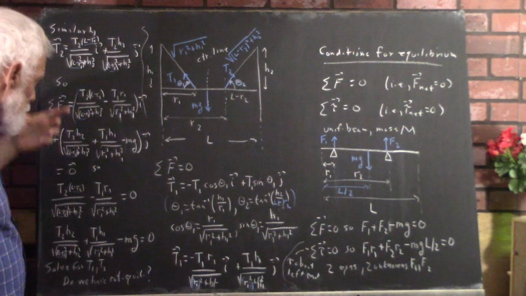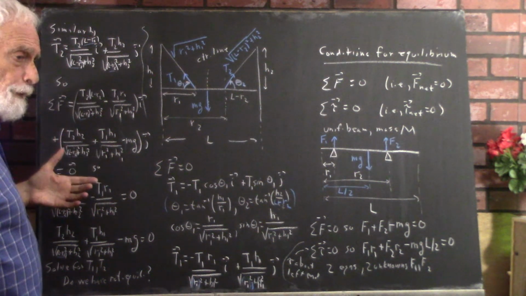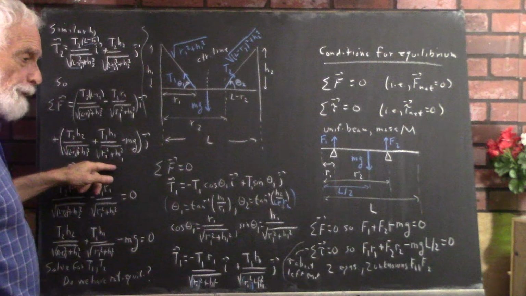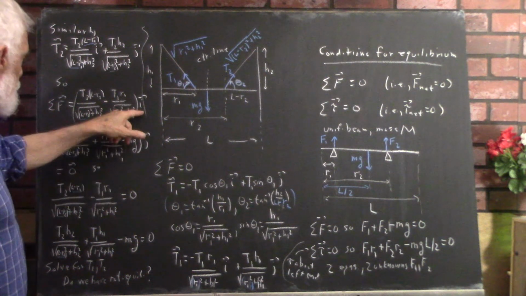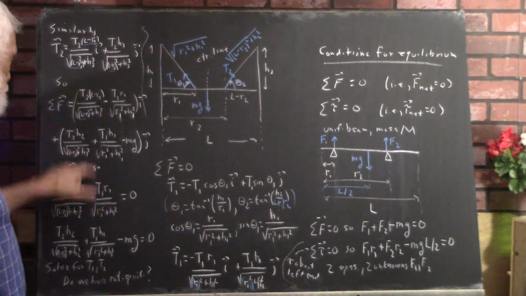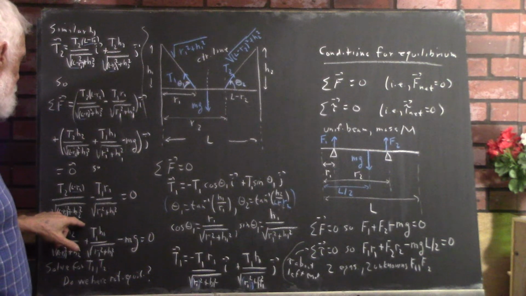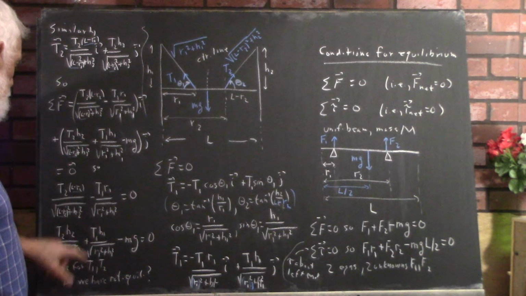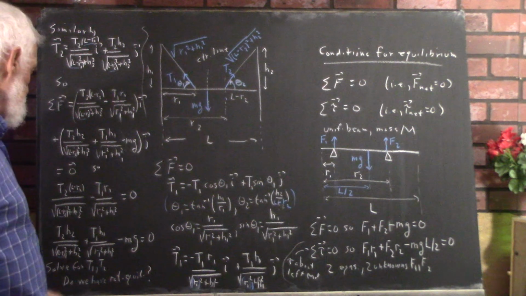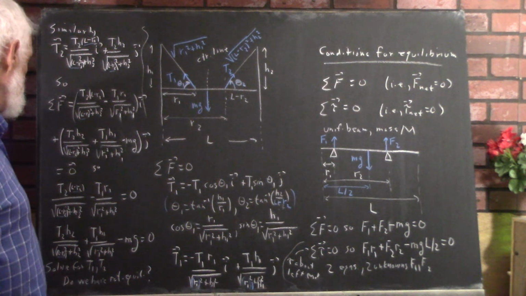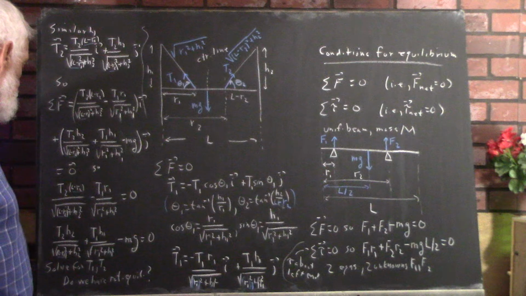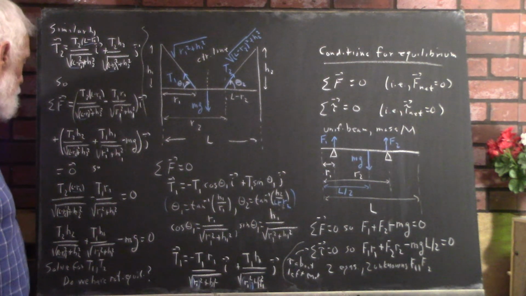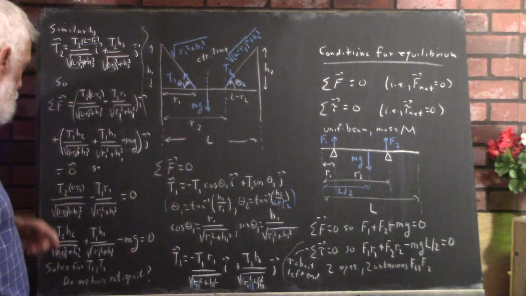And if a vector is 0, then both of its components have to be 0. So the I component has to be 0, so we set this I component equal to 0. The J component also has to be 0, so this will be set equal to 0. So we can solve for T1 and T2. It's the only two unknown quantities we have.